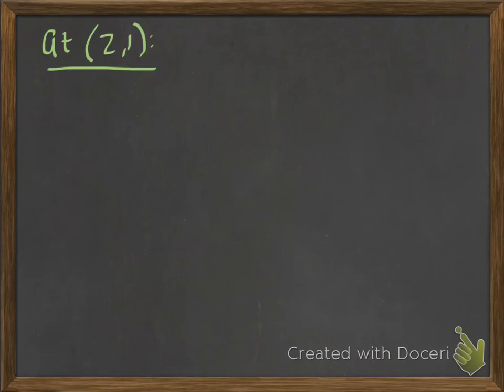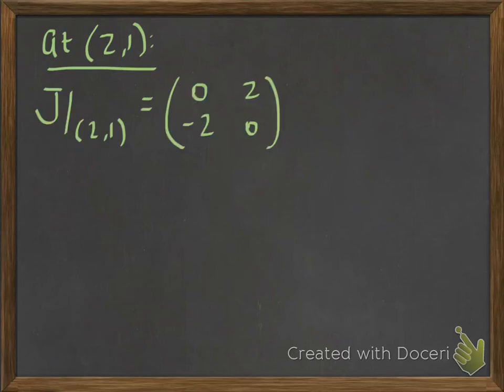Now we'll do the same thing at my other equilibrium point, the point (2, 1). In this case, my Jacobian matrix becomes 0, 2, -2, 0, and you should find the eigenvalues and eigenvectors for this matrix.